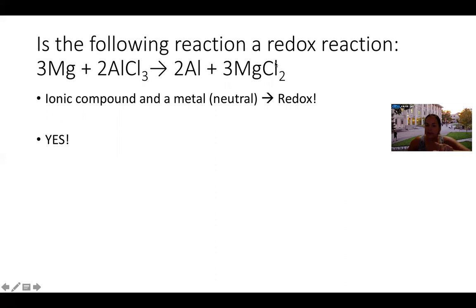Again, each chloride is a 1-, so that's 2- charges. So our magnesium must be 2+. So it went from 0 to 2+. That means protons and electrons were equal on the left side, but now there are 2 more protons, so it must have lost 2 electrons, okay? And so it got oxidized because a loss of electrons is oxidation.